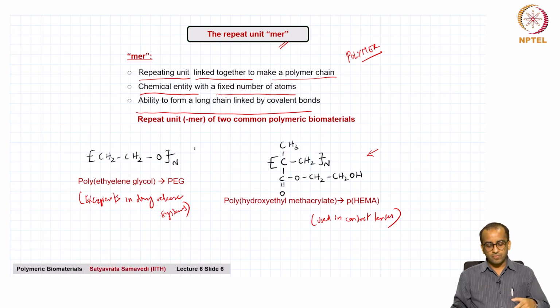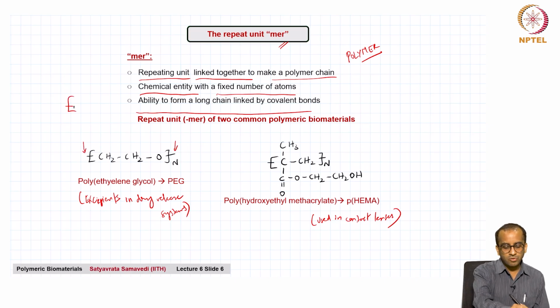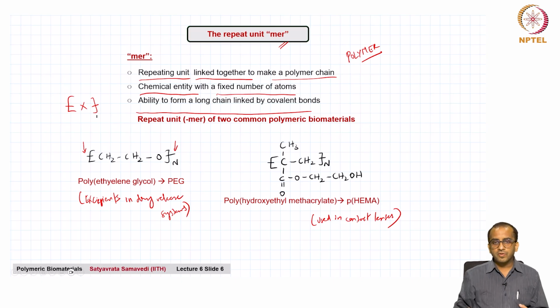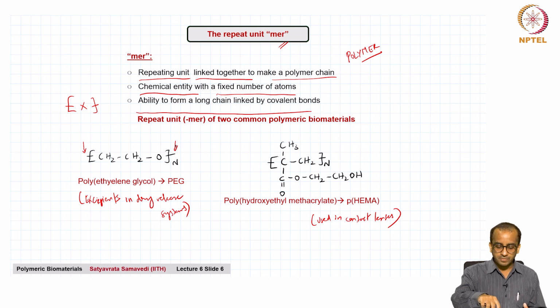Now, what you see here immediately is two things. One is that this nomenclature that we have here is typical for polymers, where you show the mer repeating unit this way, and then there is a small n as a subscript at the end, which indicates the number of times this mer unit repeats to form that long chain, and that n can be a very large range depending upon how the polymer is made, what polymer it is, and so on.